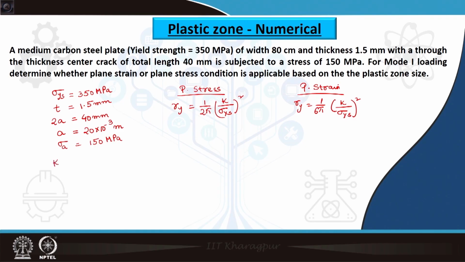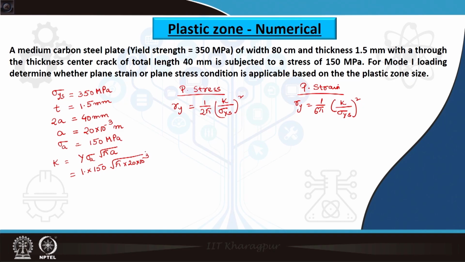Again, K can be determined by the relation it has with the geometric factor Y, sigma applied, as well as root over pi a. In this case, since this is a center crack, we know that Y equals 1, sigma applied is already known to us, and this is 150 MPa, and a is 20 into 10 to the power of minus 3 meter.